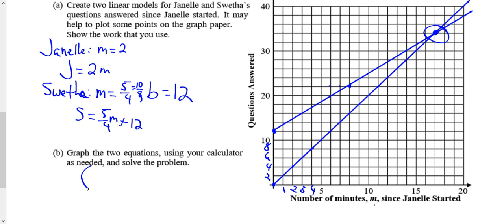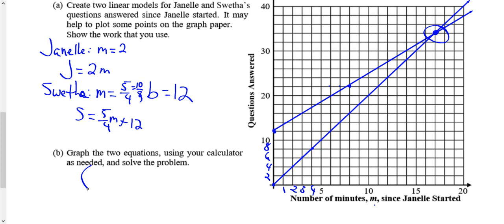8, 34. 32. Oh, eight, that's wrong. Wait, what? 16, 34. No. Wait. 16. Looks like 17. Did we get that right? Yeah, I said 17, you said no. Well, because I had 16 here. I wonder if my graph's a little off.